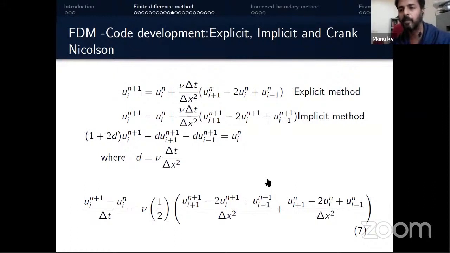Let me talk about the different schemes, like the explicit scheme and the implicit scheme. The schemes which we discussed so far are all explicit schemes. The values which we have to calculate in the next time step are related to the values at the previous time steps.